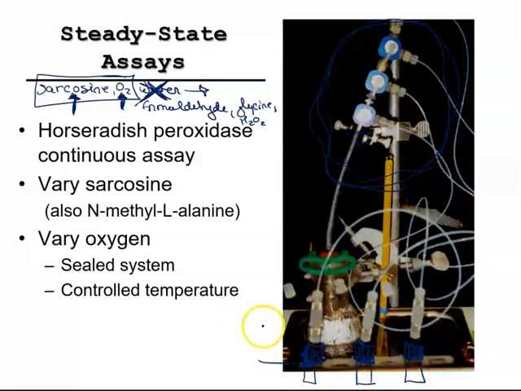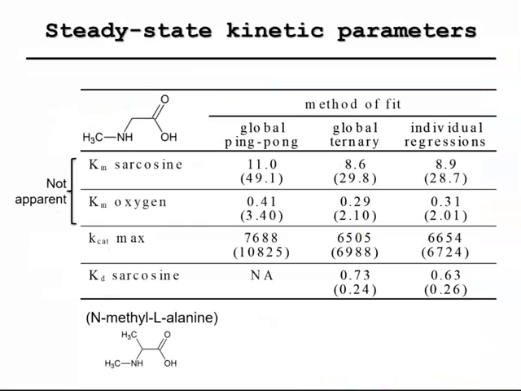So there's a bubbler here that is equilibrating the oxygen gas, and by using different concentrations of oxygen gases, I was able to vary both substrates, oxygen and sarcosine in the system, and use an alternative substrate here called N-methyl-L-alanine, and be able to measure true Km values. So see where it says these are not apparent Kms, these are true Kms, because they were determined by varying both substrates.